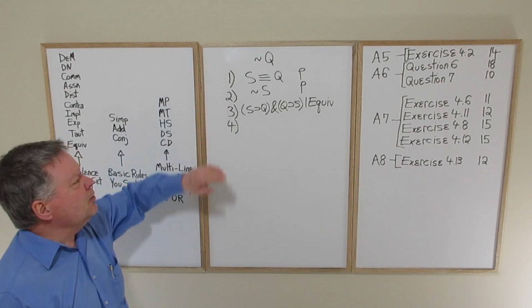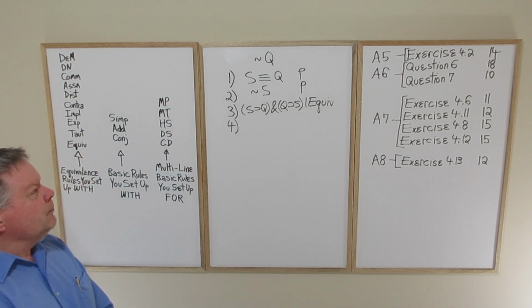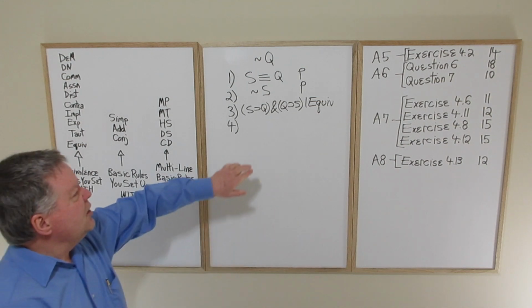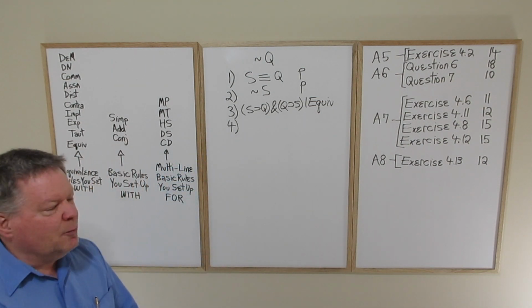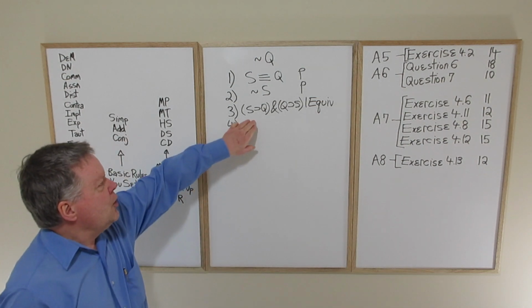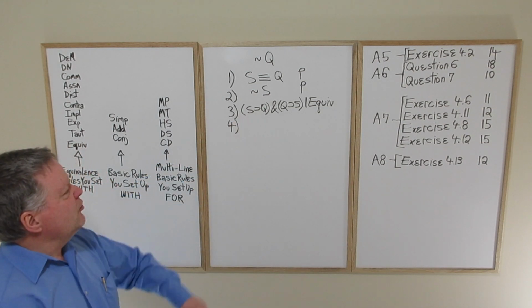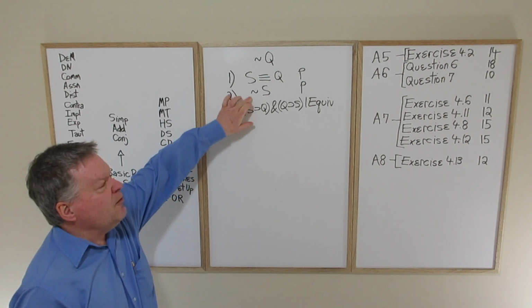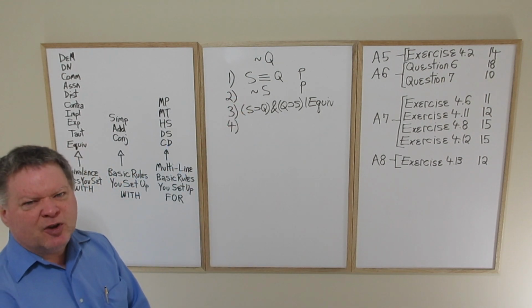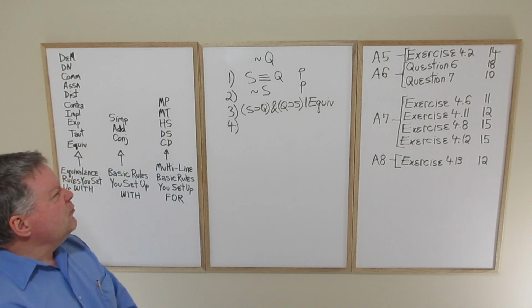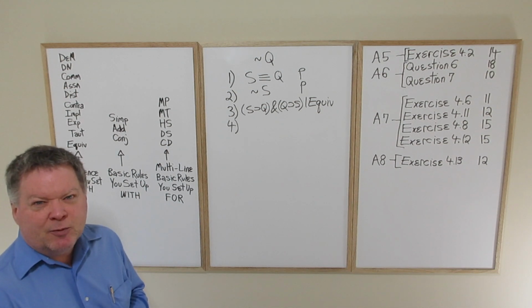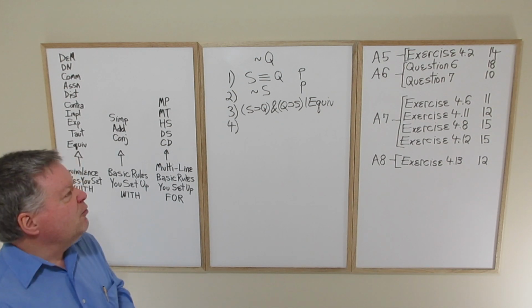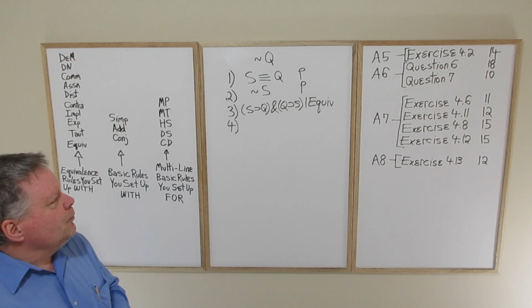Given that we have tilde S in line 2, which of the two conditionals in line 3 is going to be of use to us? Not the one on the left, because having a conditional S horseshoe Q and the negation of the antecedent doesn't give you information that will enable you to validly derive any information.